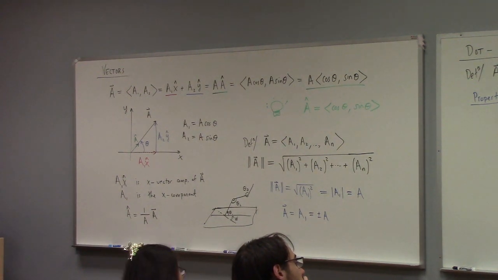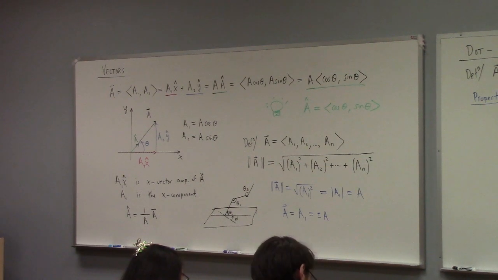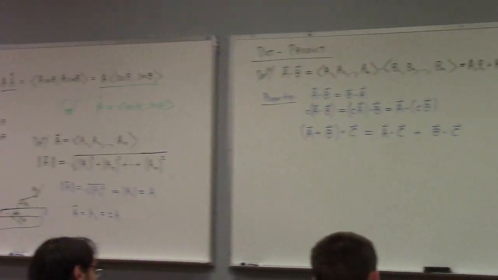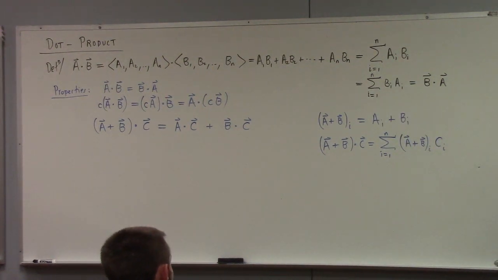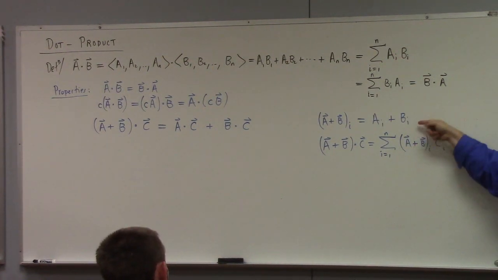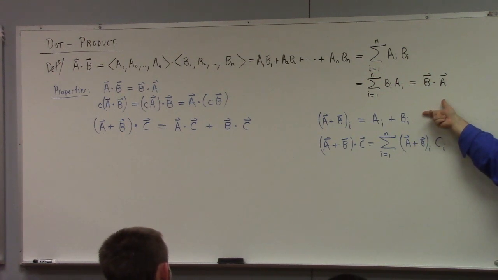And then if I have A plus B dot C, it's equal to what? The sum over i equals 1 to n of (A plus B)_i times C_i, right? But then you can change this to that, right?